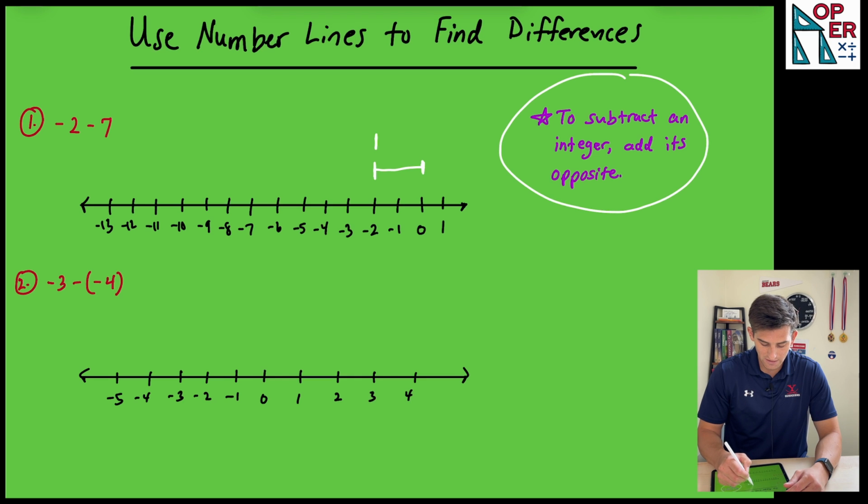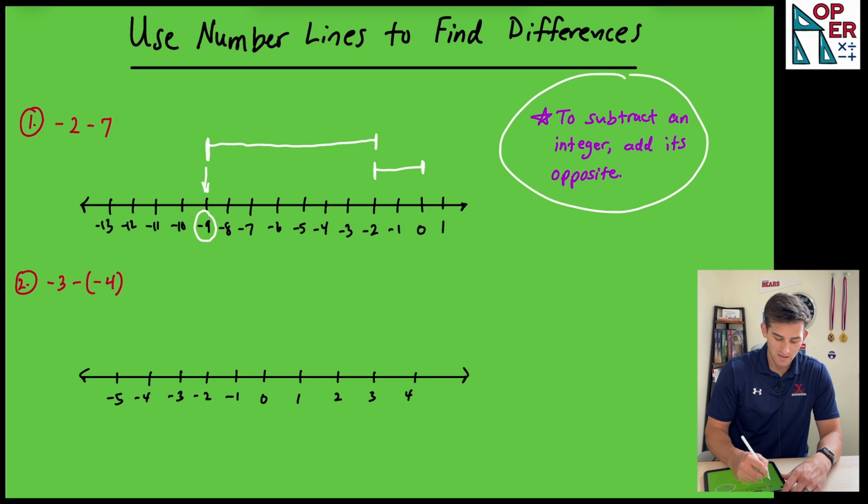So follow with me here. At -3 would be 1, 2, 3, 4, 5, 6, and 7 would end us right here, meaning our answer is -9. And that's the same thing we said if we were to rewrite it as -2 plus -7, right?